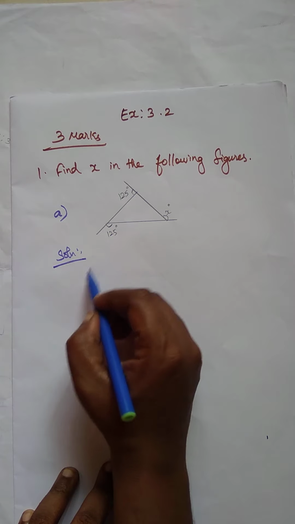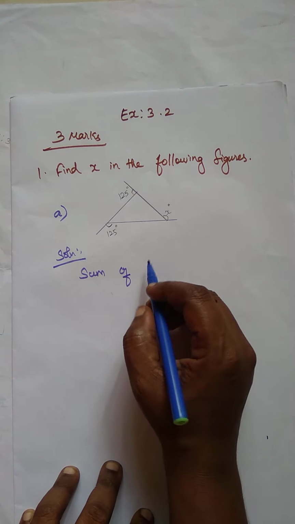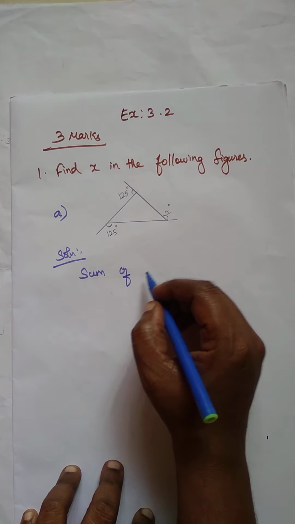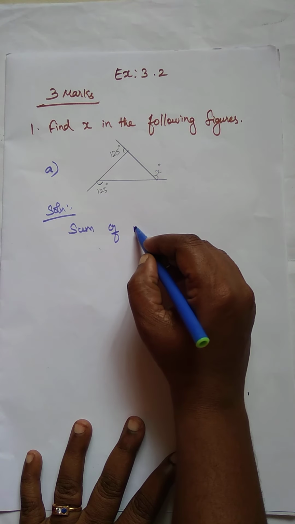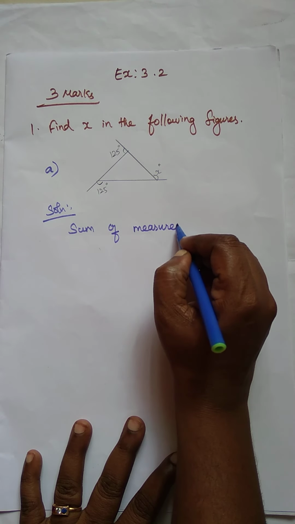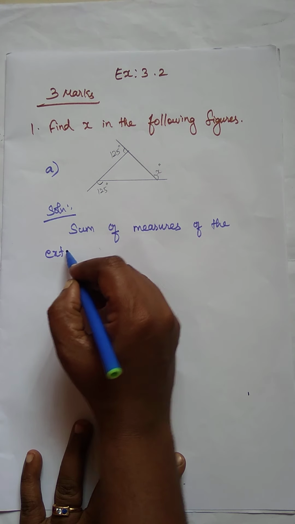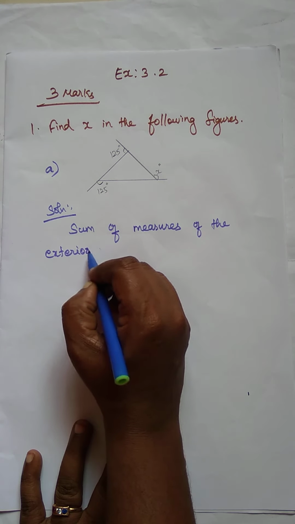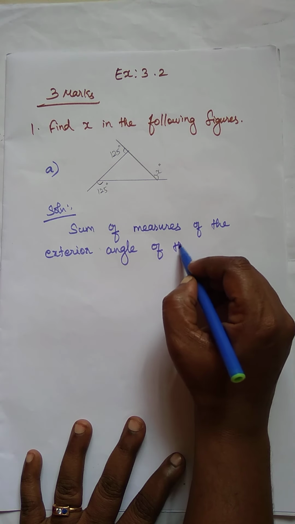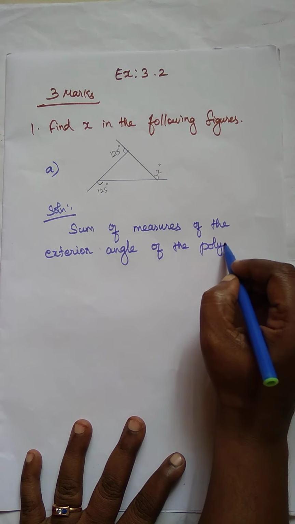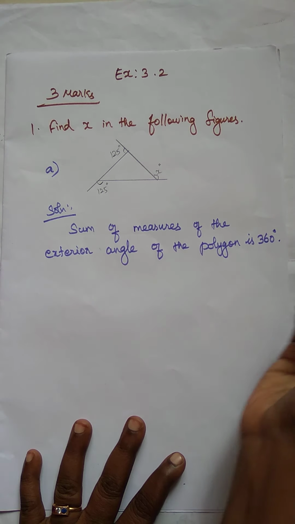So write: we all know the sum of measures of the exterior angles of a polygon is 360 degree. We all know that.